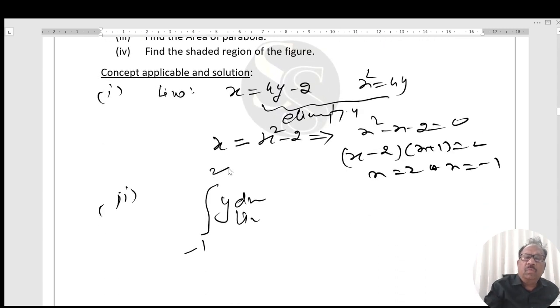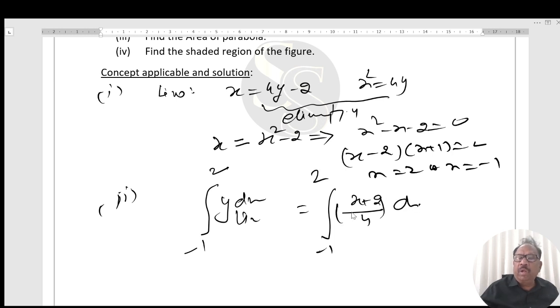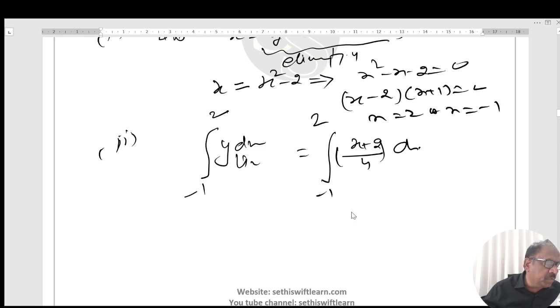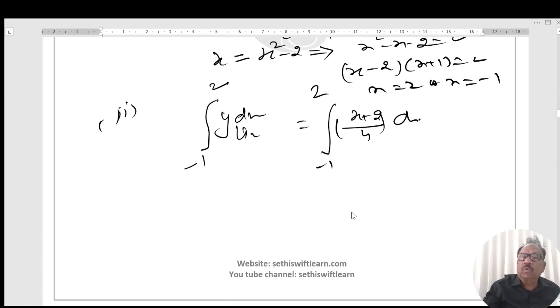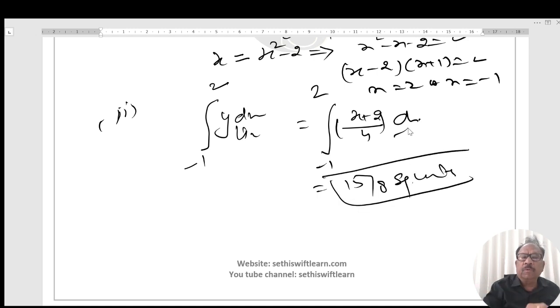We have to write y in terms of x: (x plus 2) divided by 4, from minus 1 to 2, dx. Simple integration, simple limits for substitution. On simplification, this comes out to be 15 by 8 square units. I will not go into this calculation.